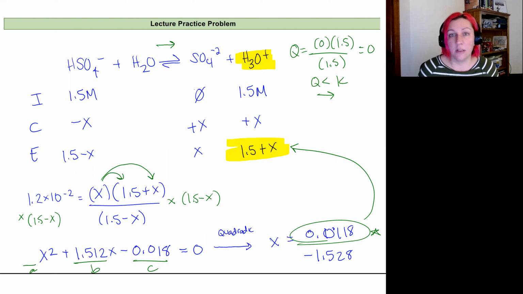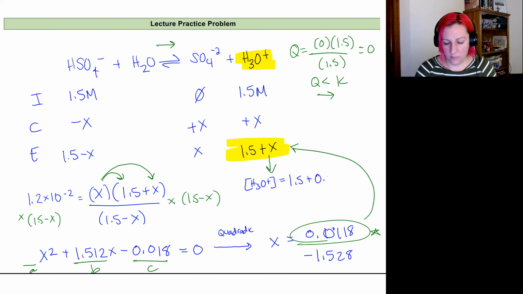So I can always calculate all my equilibrium concentrations for my reactants and all my products, but I'm just going to focus on H3O plus here. So that concentration of H3O plus is equal to 1.5 plus 0.0118, giving 1.5118, and I can then plug that into my pH equation.